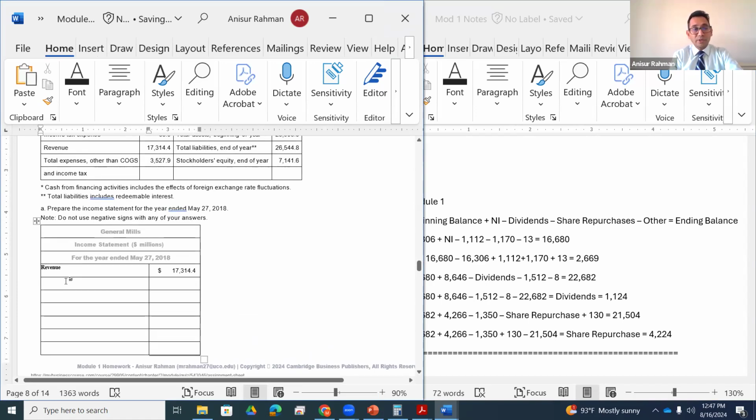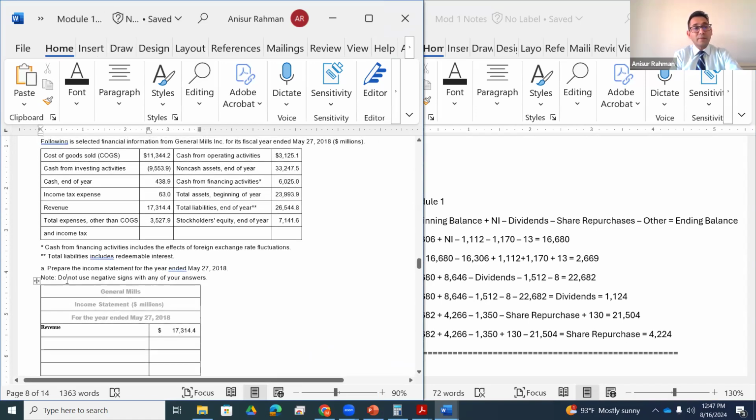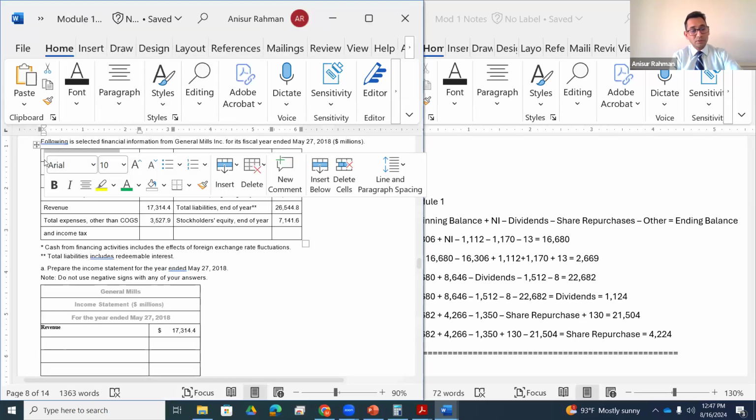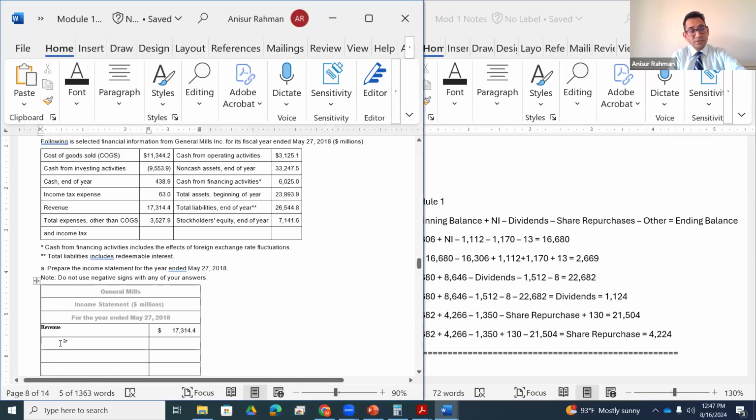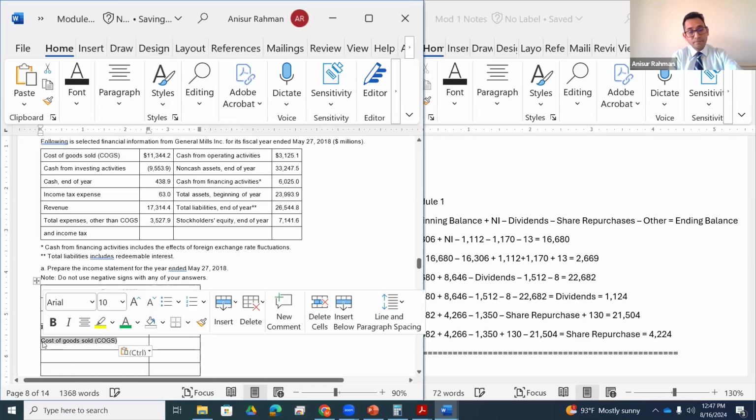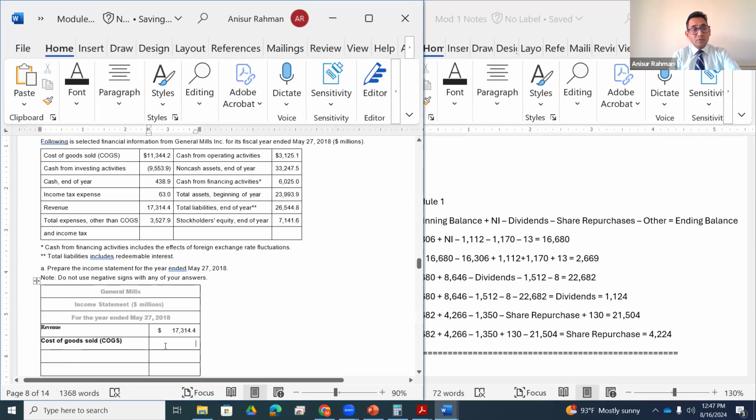Now, after revenue in income statement, we have cost of goods sold. I'll take cost of goods sold, paste here, which is this number. Paste here.